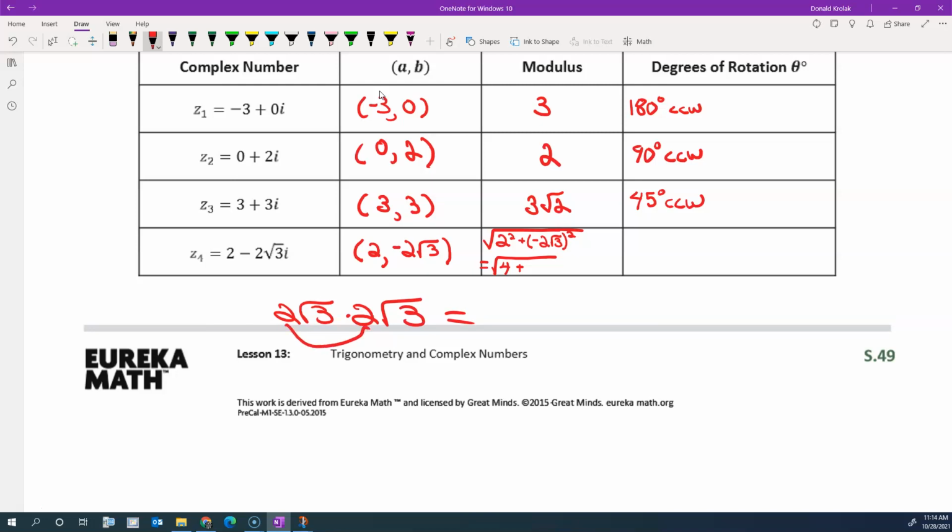Okay, 2 times 2, 4. Root 3 times root 3, 3. Because it's really root 9, and the square root of 9 is 3. So this is really 12. 2 root 3 times 2 root 3 is equal to 12.